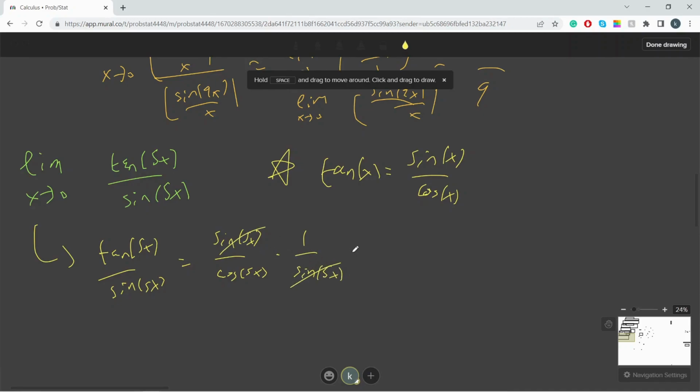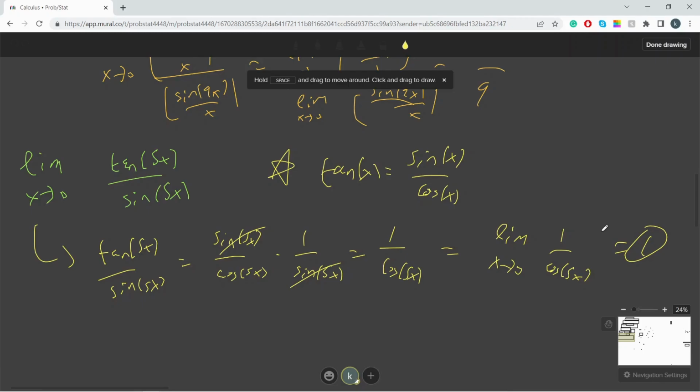And we can cross these out. So this is just going to be 1 over cosine of 5x. So hence, this problem is equivalent to finding the limit as x approaches 0 of 1 over cosine of 5x. And if you plug 0 in, we will see that cosine of 0 is 1, and 1 over 1 is 1. So the answer here is 1.